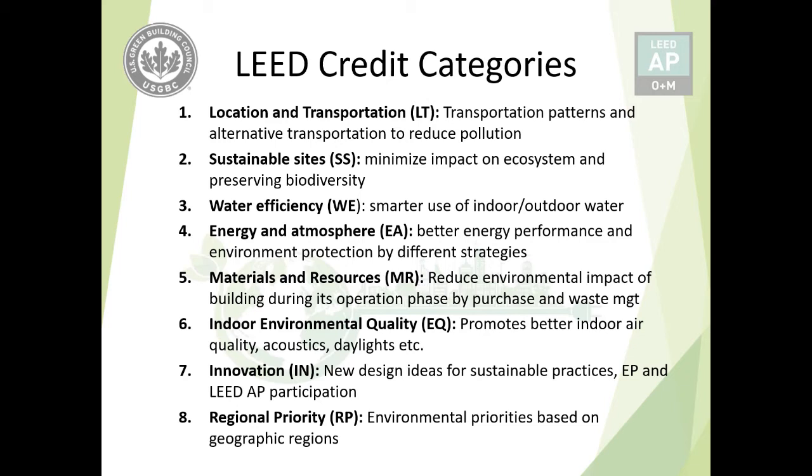When you use less energy, less energy needs to be produced, and the way energy is produced pollutes the environment. So using less energy equals environmental protection. Materials and resources is to reduce the environmental impact of the building during its operation, in the sense that whatever you buy and use in terms of materials has to be coming from a company or a product that is using resources efficiently.